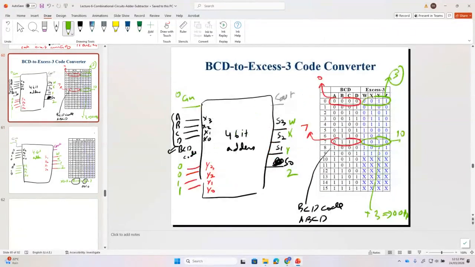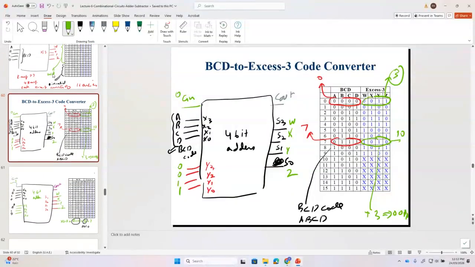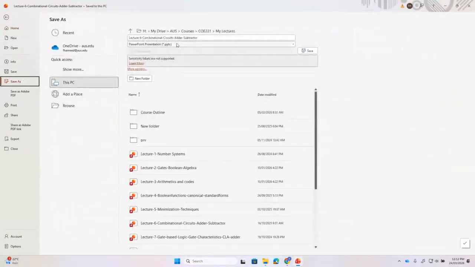Yes, I just want to take a picture. I can share all these things, so I can save it as a different file. I will share it, working of lecture number 6.